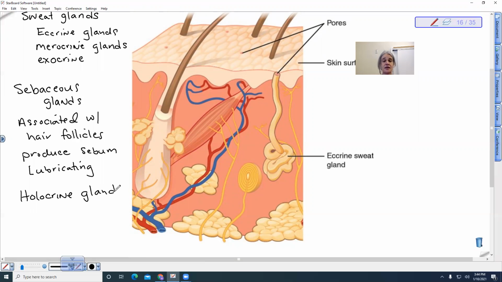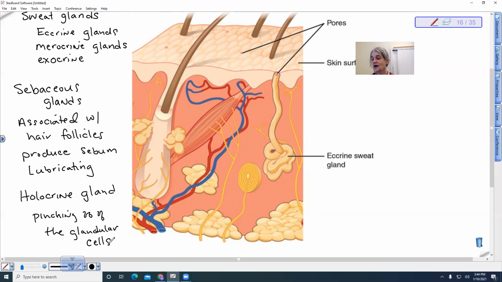And in the secretion, in the sebum, you actually have pieces of cell. So this would be a pinching off of the glandular cells. So the glandular cells actually die and they become part of the sebum, and cells have lots of phospholipids. They have lots of lipids in them. And so that's part of the lubricating process.